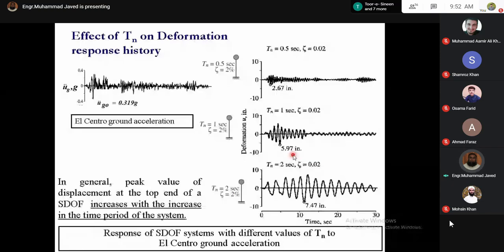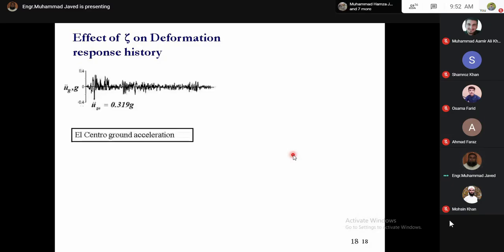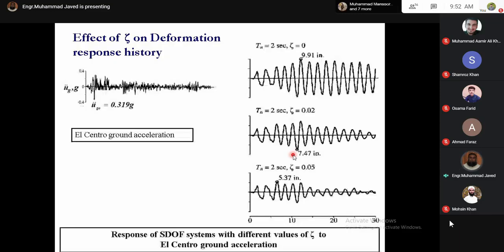Similarly, in order to study the effect of damping ratio on peak displacement, again we took three different single degree of freedom systems, but now the damping ratio was varied and the natural time period was kept constant. All these are the displacement time histories of three single degree of freedom systems. All had a natural time period of 2 seconds.